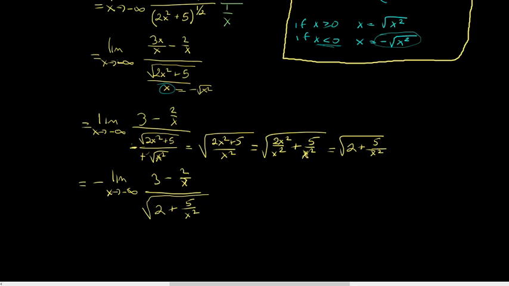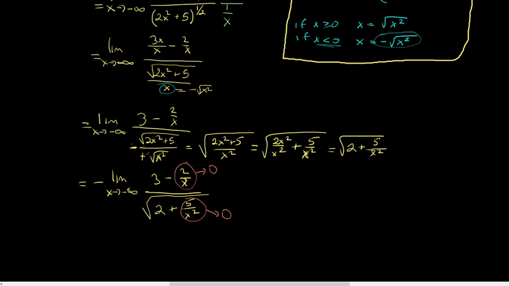Well, now we're in good shape, because now notice that we have constants in the numerator and x in the denominator. So by that same property from the last video, 2 over x, as x goes to infinity or negative infinity, either way, this has to approach 0. Likewise, in the denominator, this 5 over x squared, c over x to the r, so c is 5, r is 2, but either way, that approaches 0, right?